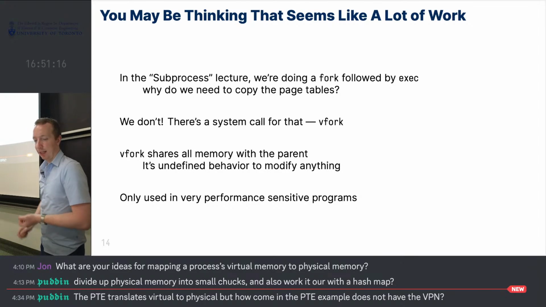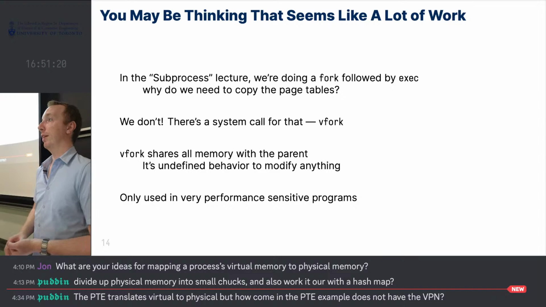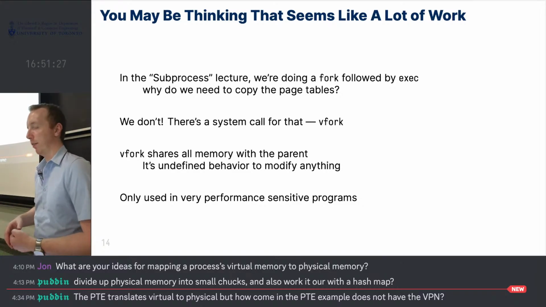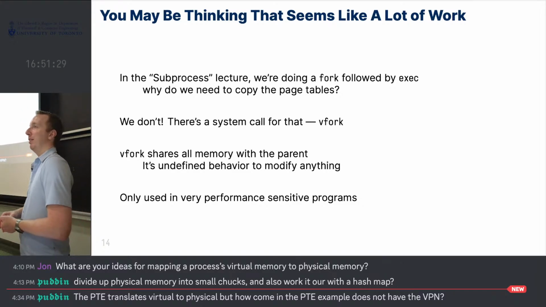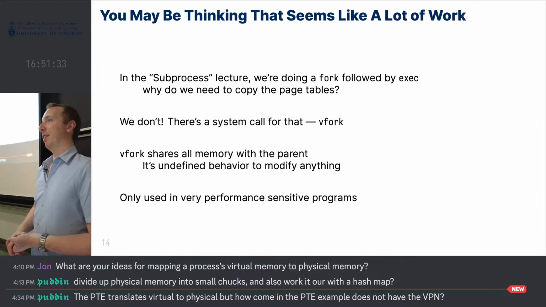You also might be thinking, this seems like a lot of work. Like in the sub-process lecture, and in your lab 2, minus a few things, you basically always do a fork followed by an exec. So assume we're still in a world with a gig page table.